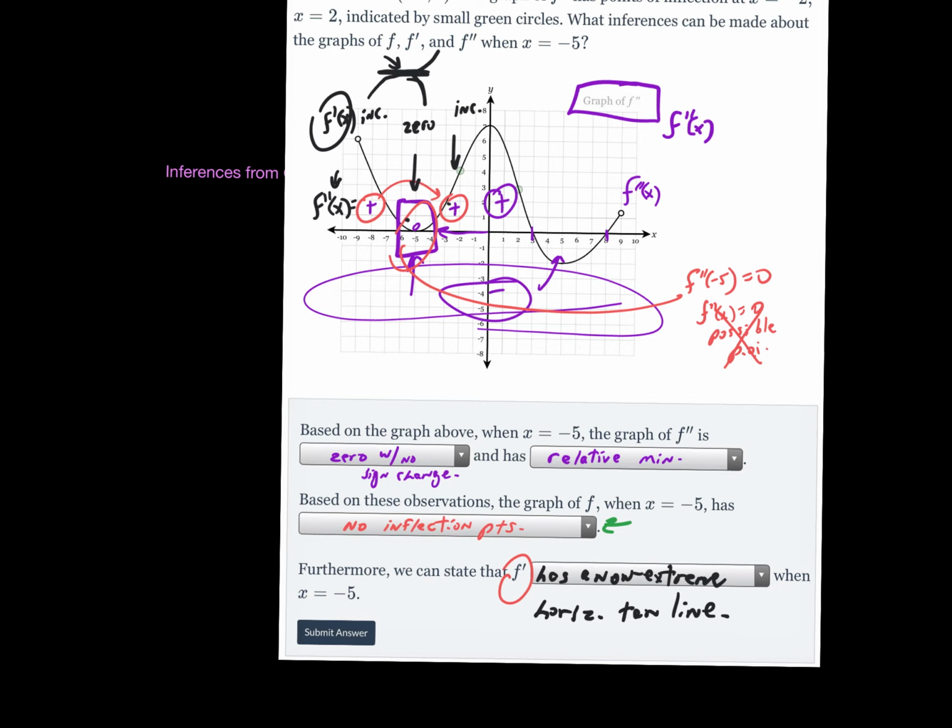And when your choice is not one of the choices, what you pick is none of the above can be ascertained. All right, this way when that comes up, you'll anticipate it.